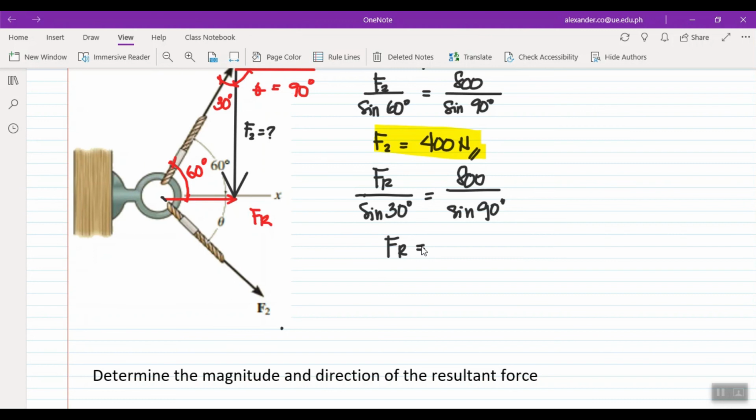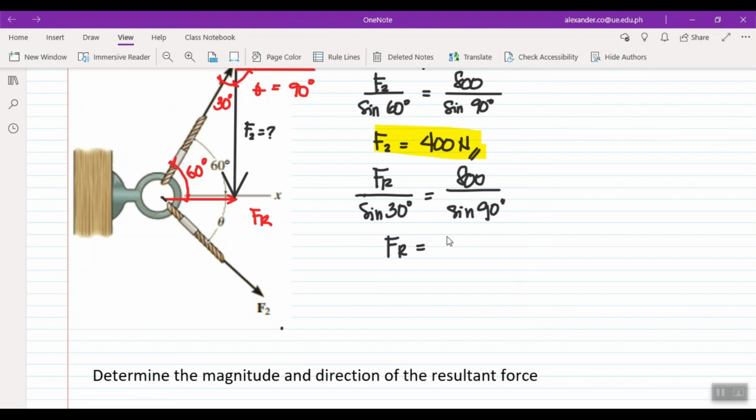Hindi ko pa na-compute yan times sine 30. 400 din? May mali. Okay. So, this one is wrong. Sorry about this one.